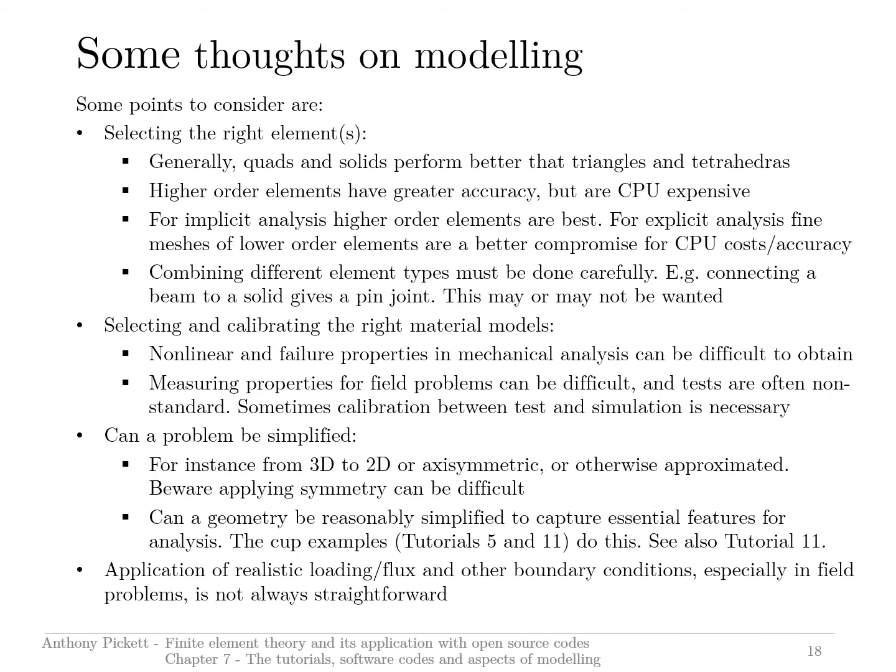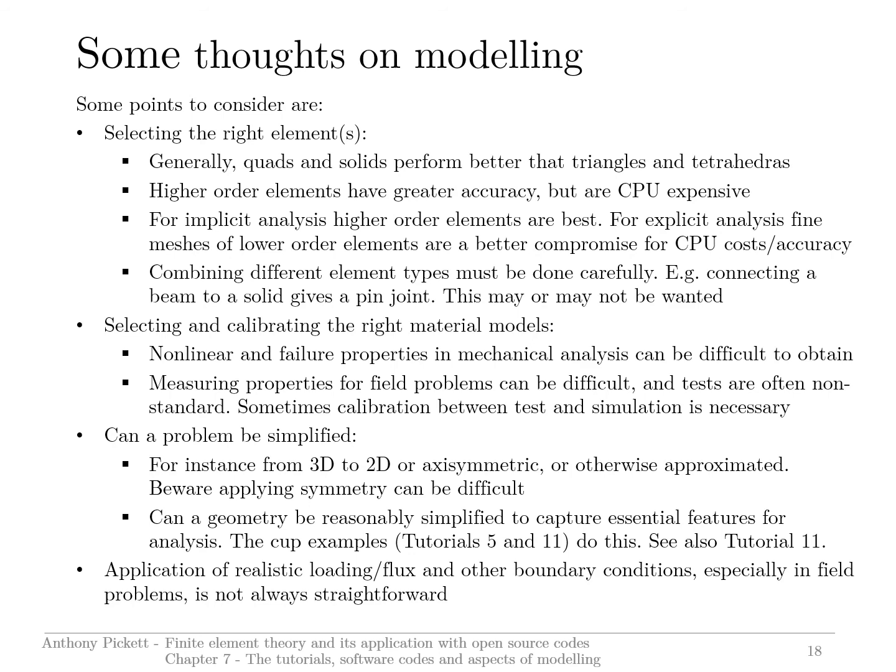It can be difficult sometimes to select the right material models. For example, if you're trying to do nonlinear analysis involving failure, it can be very difficult to get failure properties. In field type problems, it can also be difficult to get properties. For example, some areas I've worked in recent years is fluid flow in fabrics. Trying to measure permeability of fabrics is actually a very difficult thing.